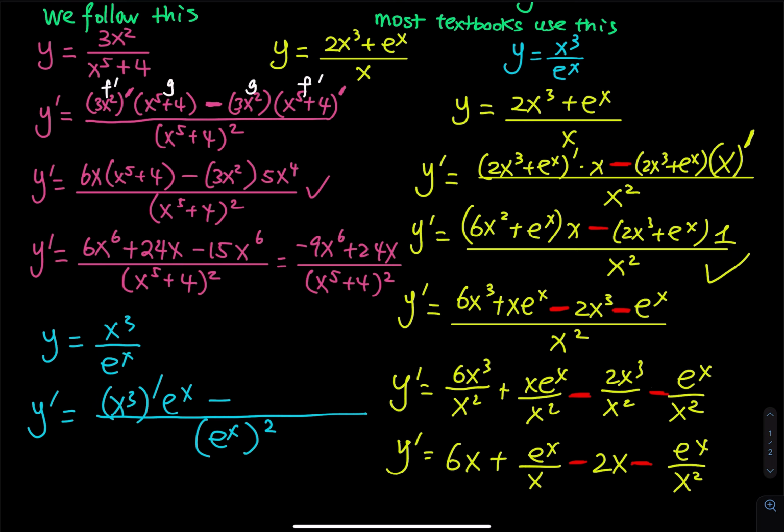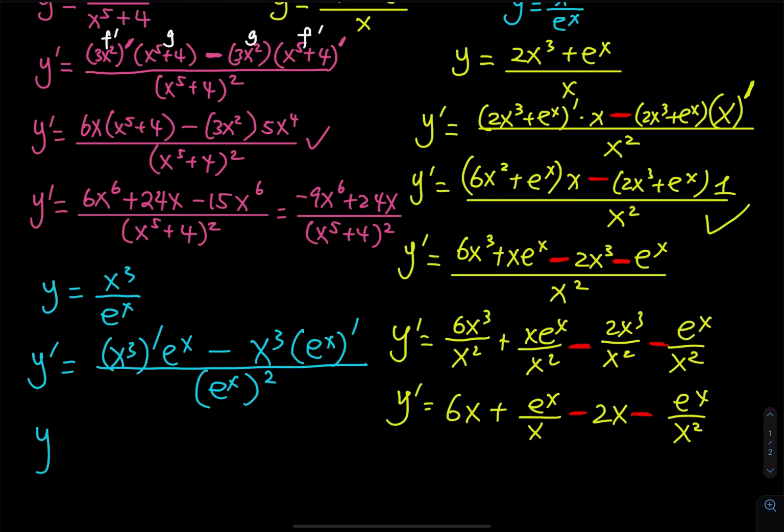We have fg prime and then f prime g, so x to the third times the derivative of e to the x. All right, so y prime is equal to 3x squared times e to the x, minus x to the third e to the x, and then divided by e to the 2x.